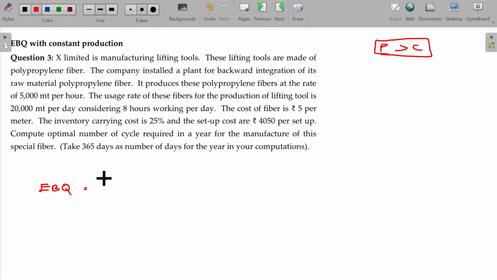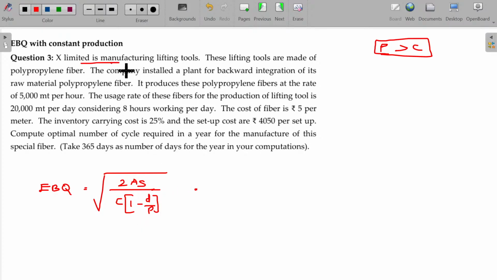The formula is similar to the formula we have already learned, root of 2aS by C. But in the denominator, you need to do one more adjustment here: 1 minus demand by production rate. Consumption rate by production rate, or demand by production rate. Always remember D is slower and P is higher, faster.